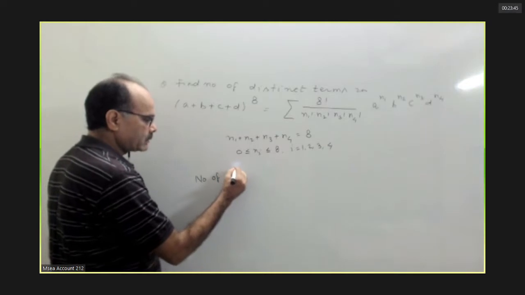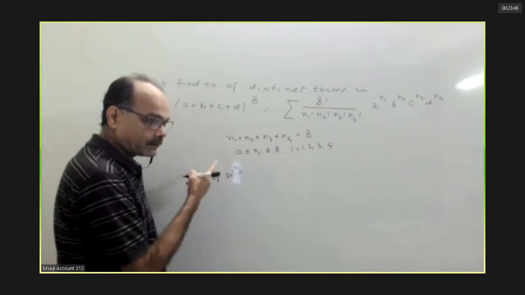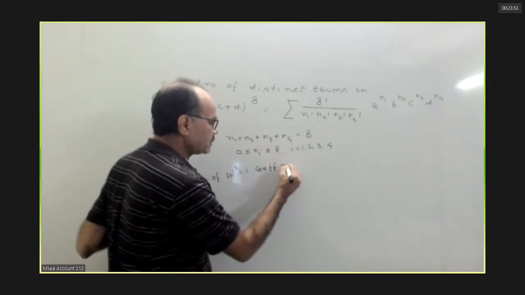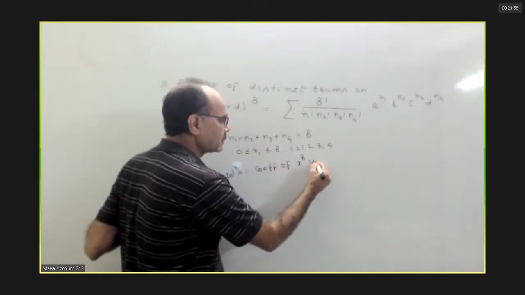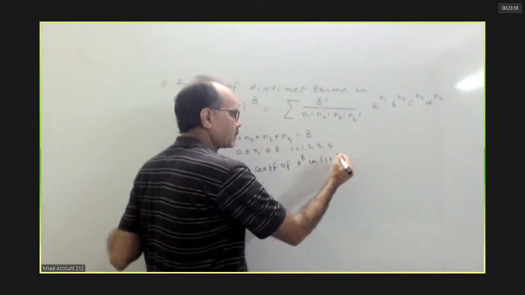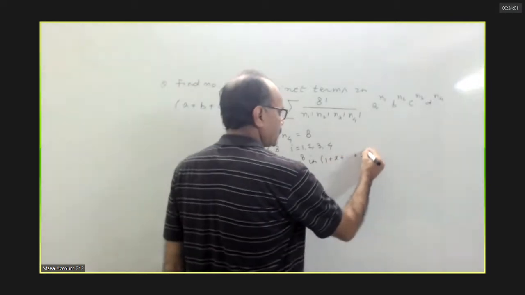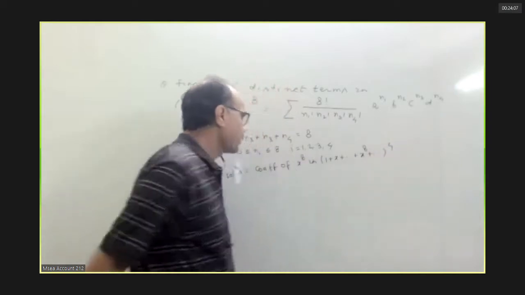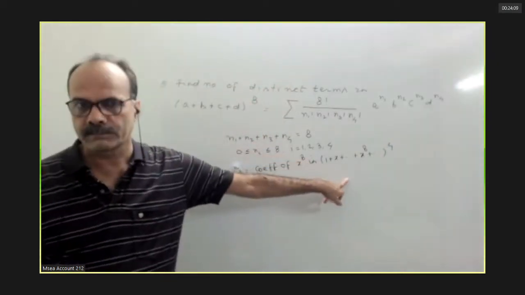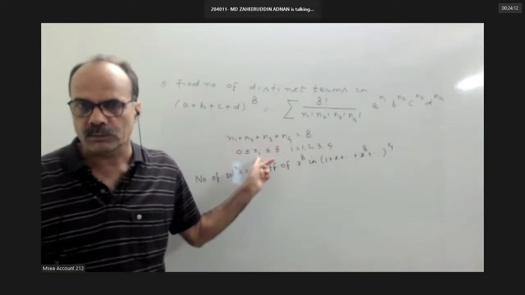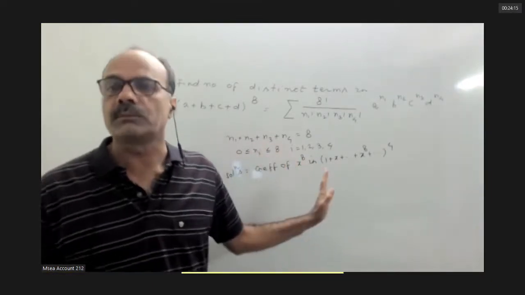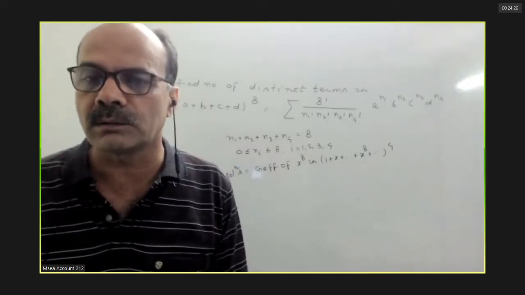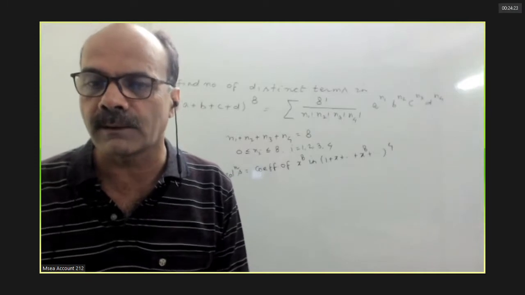The number of non-negative integral solutions equals the coefficient of x to the power 8 in x to the power 0 plus x to the power 1 up to x to the power 8. And if we take infinite series, there will be 4 series, because 4 variables are there. We can take infinite series here because the coefficient of x to the power 8 will not be disturbed.